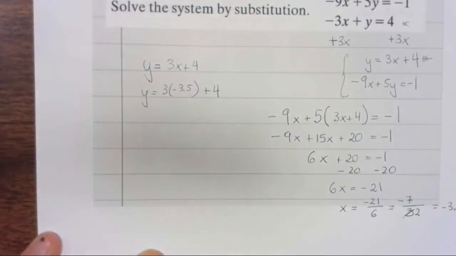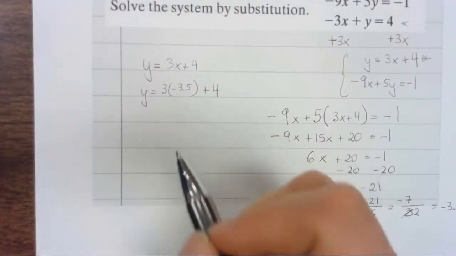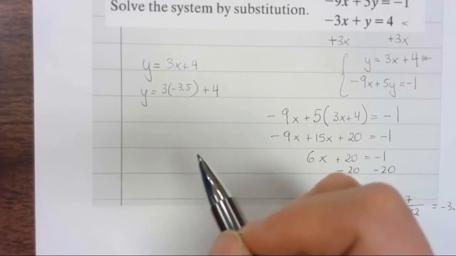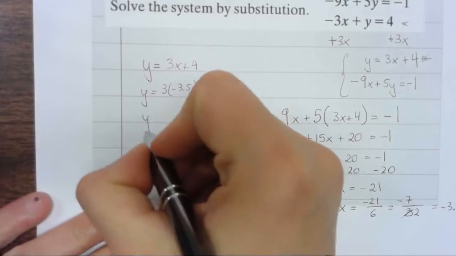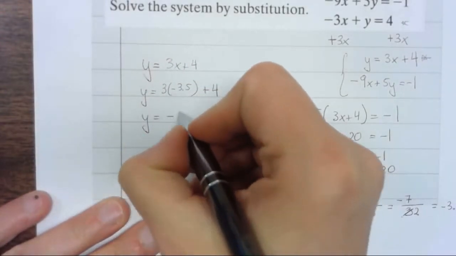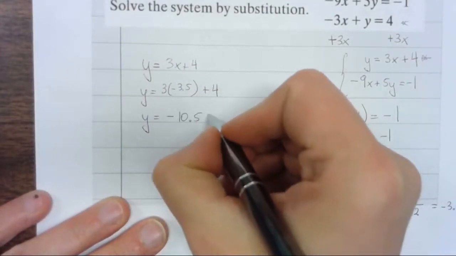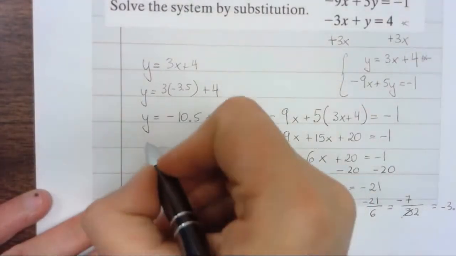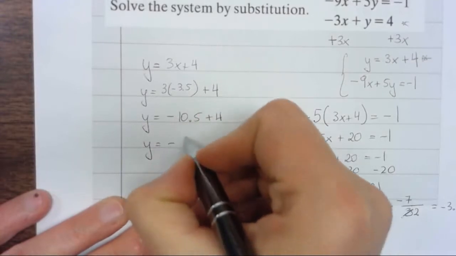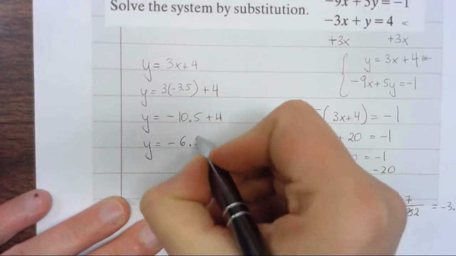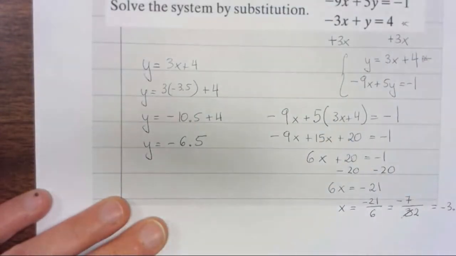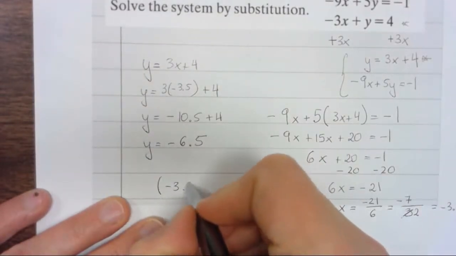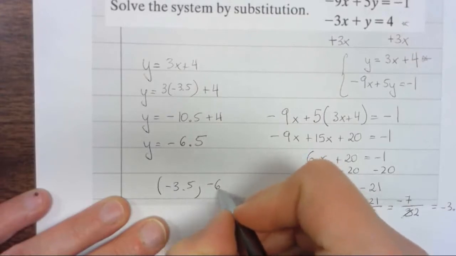Okay. 3 times 3.5 is negative 10.5, right? Plus 4, which leaves me with negative 6.5. So my x is negative 3.5, my y is negative 6.5.